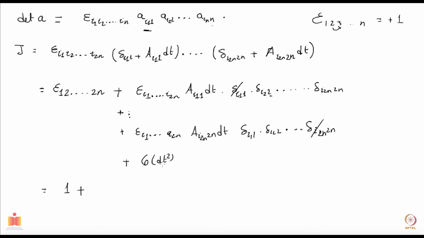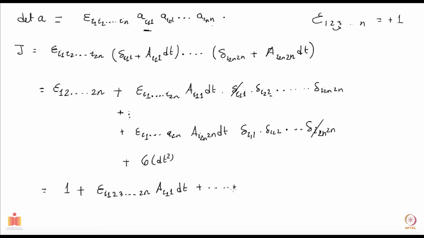Correct? Yeah. So you will get, let me write down, epsilon I1 2 3 and so forth to 2n, with a_{I1 1} dt, and all such terms are here.